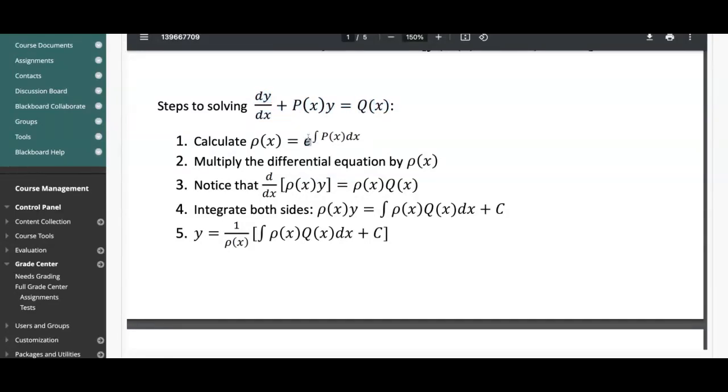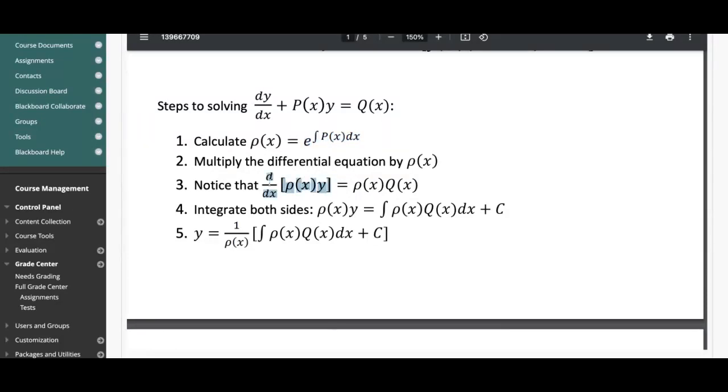Then we calculate e to the power of the integral of P of x, because this is going to be our integrating factor. Then we multiply every term, all three terms, by this integrating factor.